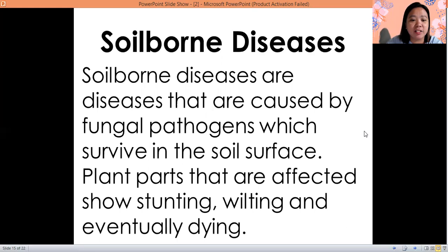And if the fungal pathogens are in our soil, the plant parts that are affected, if we plant in that soil and there's disease, the plants start to show stunting, wilting, and eventually dying. So yan yung mga soil-borne disease.